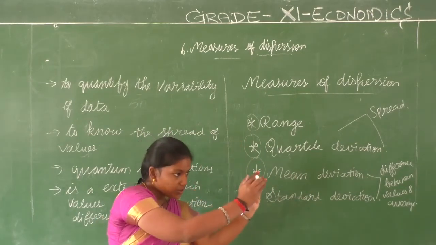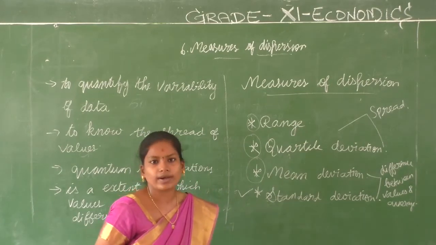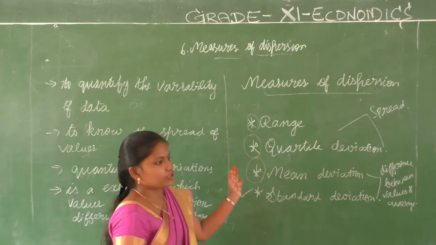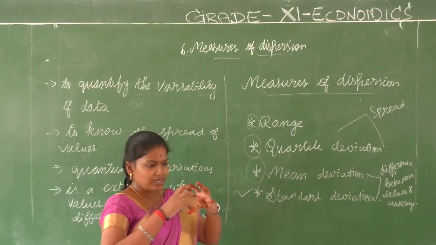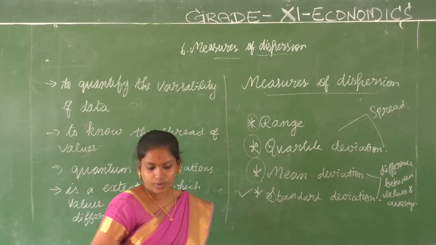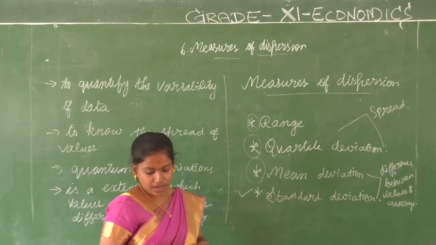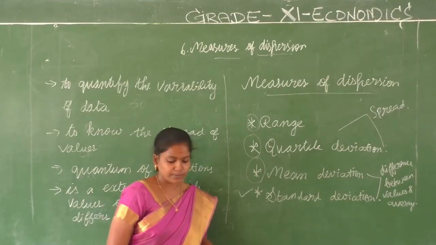Is it in the first quartile? Is it in the second quartile? Is it in the third quartile or the fourth quartile? That is quartile deviation. Range is very simple. You just have to take the highest value minus the lowest value, and that is the range. It's very simple to understand.